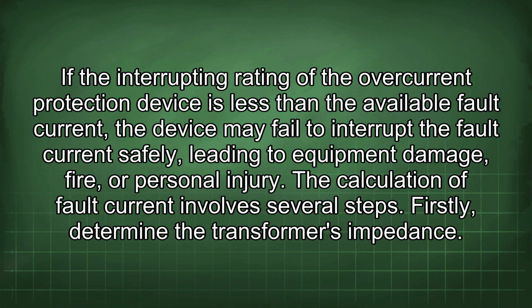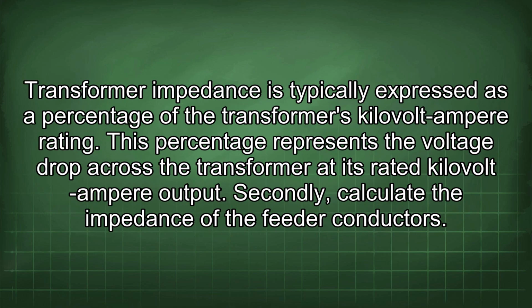The calculation of fault current involves several steps. Firstly, determine the transformer's impedance. Transformer impedance is typically expressed as a percentage of the transformer's kilovolt-ampere rating. This percentage represents the voltage drop across the transformer at its rated kilovolt-ampere output. Secondly, calculate the impedance of the feeder conductors.